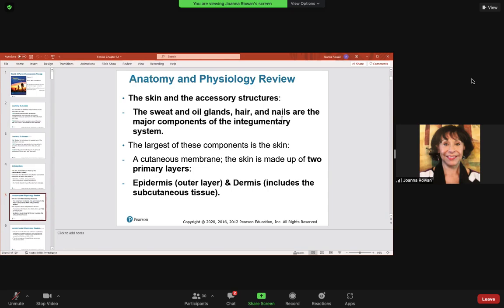The hair and nails are the major components of the integumentary system. The largest of these components is the skin. A cutaneous membrane, cutaneous relates to skin. The skin is made up of two primary layers. So know what is epidermis, which is the outer layer, and dermis, which includes the subcutaneous layer.